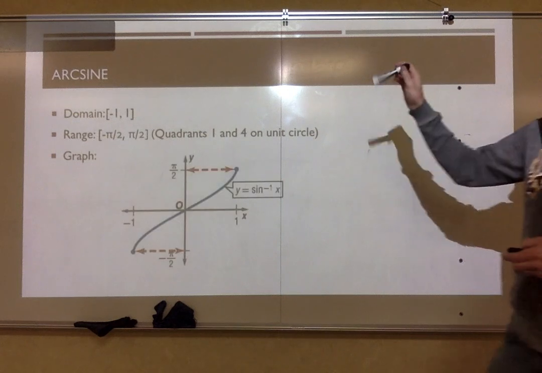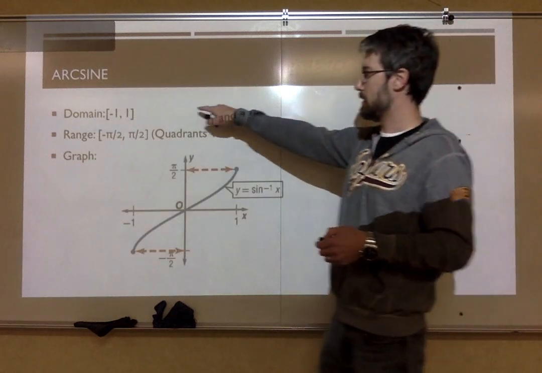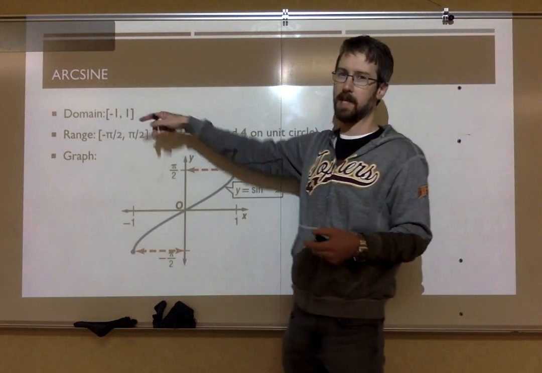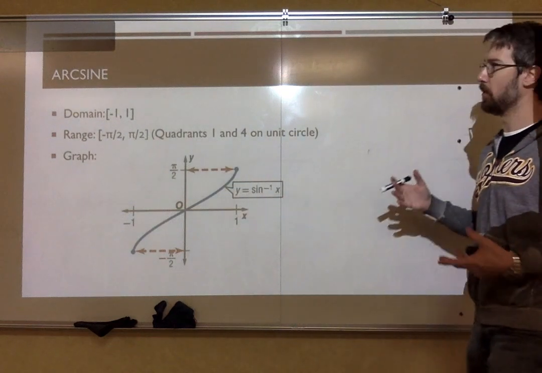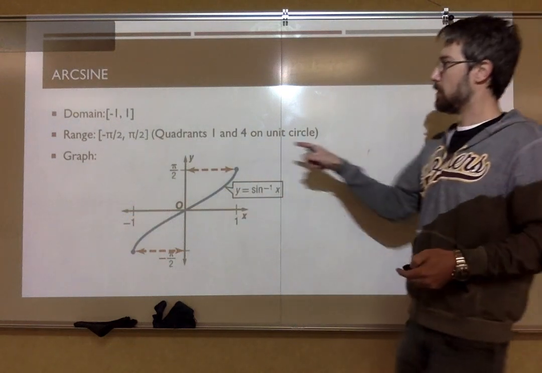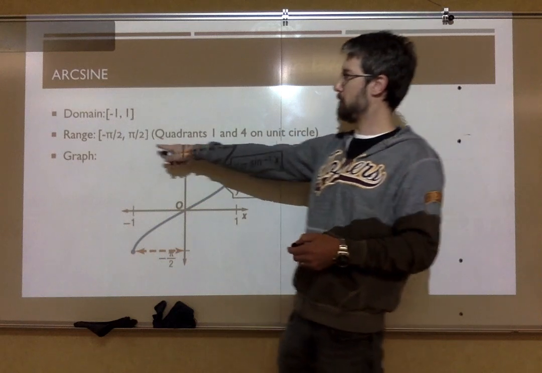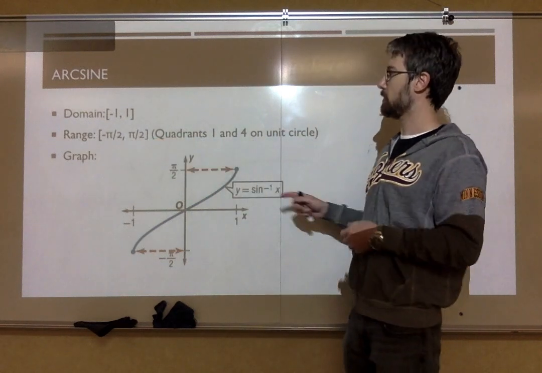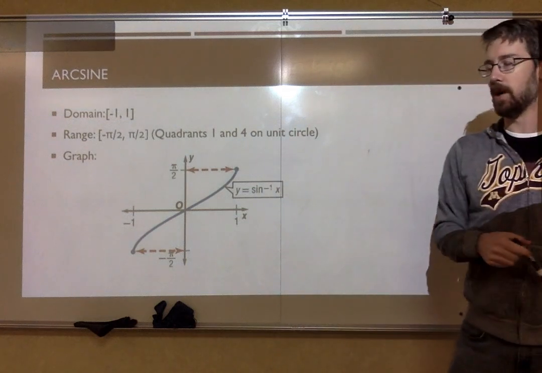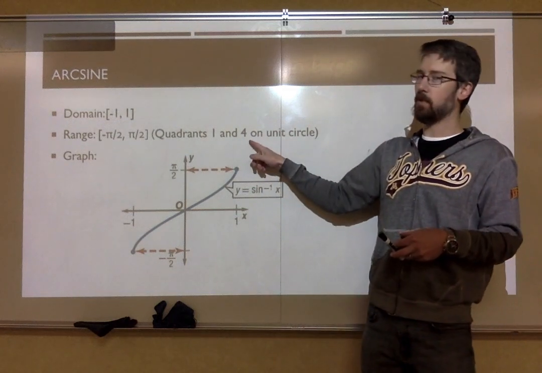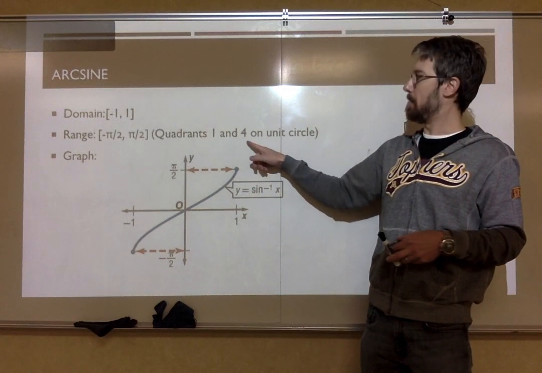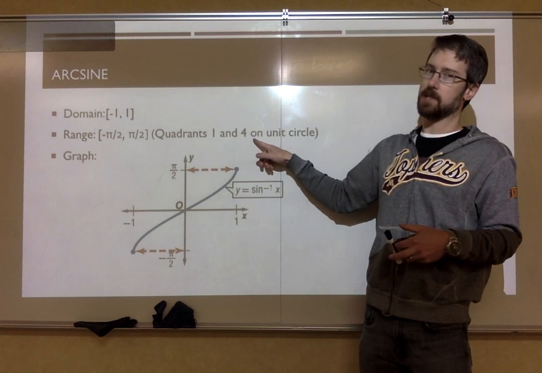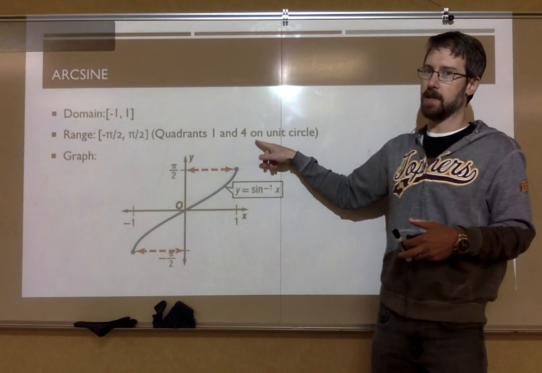for ARCSINE, our domain is from -1 to 1, the same as the range would have been for sine. The range, though, gets restricted from -π/2 to +π/2. That means on your unit circle, you're looking at quadrants 1 and 4. In quadrant 4, we're going to have to adjust the radian values, the angle values, on that a little bit.